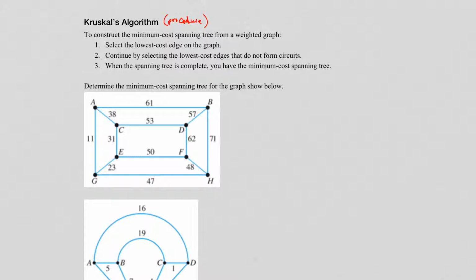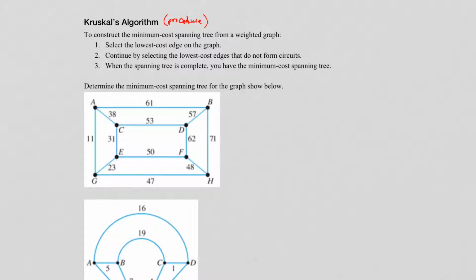In this case, it has 3 steps. Number 1, select the lowest cost edge on the entire graph. So if we look at this big graph here, our first step is to select the smallest one.